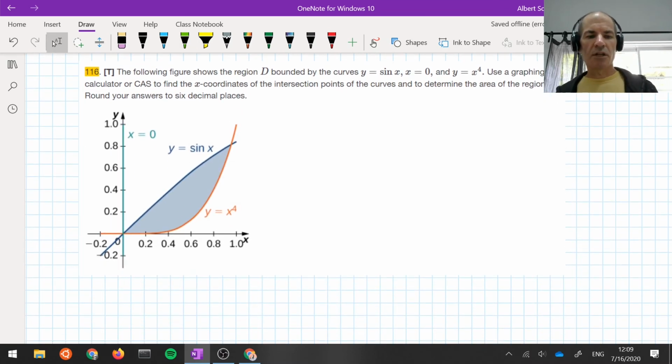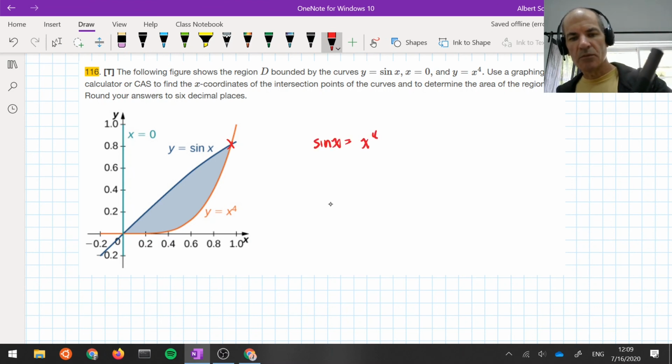Okay, in exercise 116, we've got this region bounded above by sine of x and below by y equals x to the fourth. You're asked to use a graphing calculator to find the intersection points, because this intersection point right here is where sine of x equals x to the fourth, and we can't solve this explicitly.